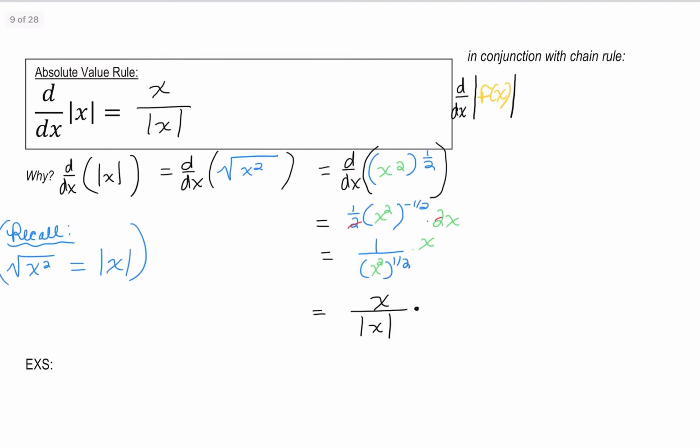The derivative of the outside is the absolute value rule we just looked at, x over the absolute value of x, but the inside is left alone. So it would be f of x over the absolute value of f of x, and then times the derivative of that inside, in conjunction with chain rule. So that's what it would look like with chain rule.